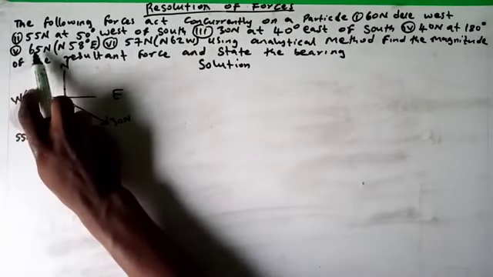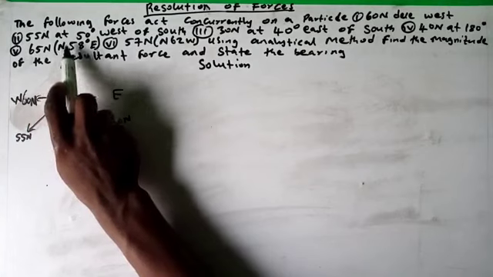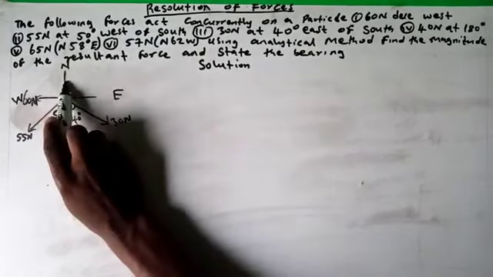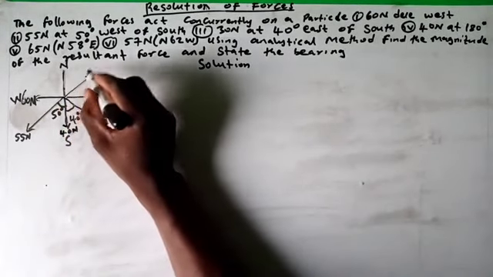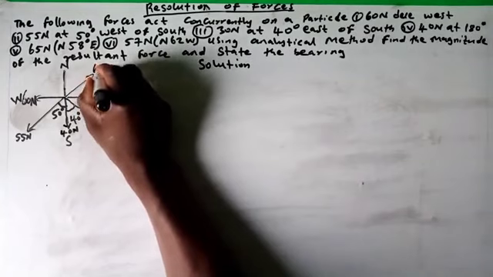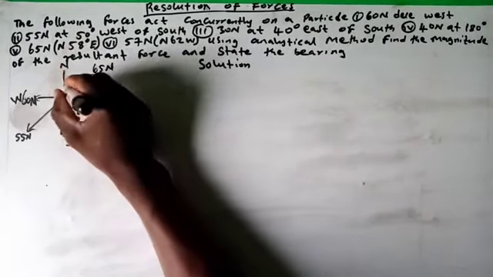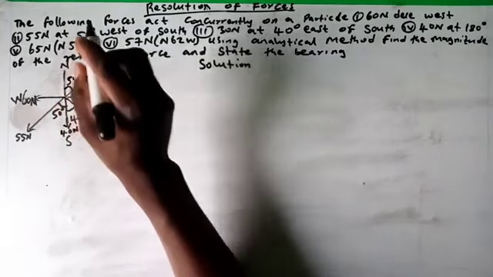This force is 65 Newton, north 58 degrees east compass bearing. This is north, this is east. Therefore, the force is here, and it is 65 Newton. North, we have 58 degrees.